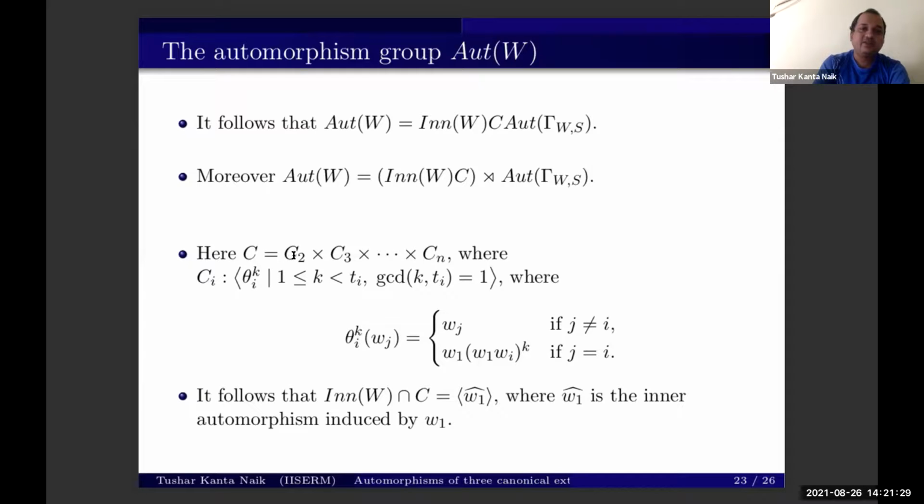And here C is C2 times C3 up to Cn, where each Ci can be seen as an automorphism given by Wj maps to Wj when j equals i, or W1 times (W1 Wi) to the power k when j is not equal to i. And this C has non-trivial intersection with the inner automorphisms, which is generated by the inner automorphism given by the element W1. So this is the total automorphism group of this group W.